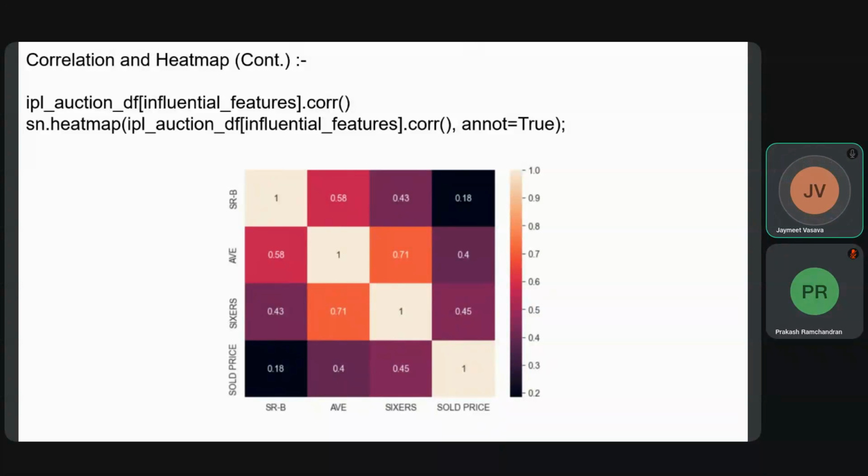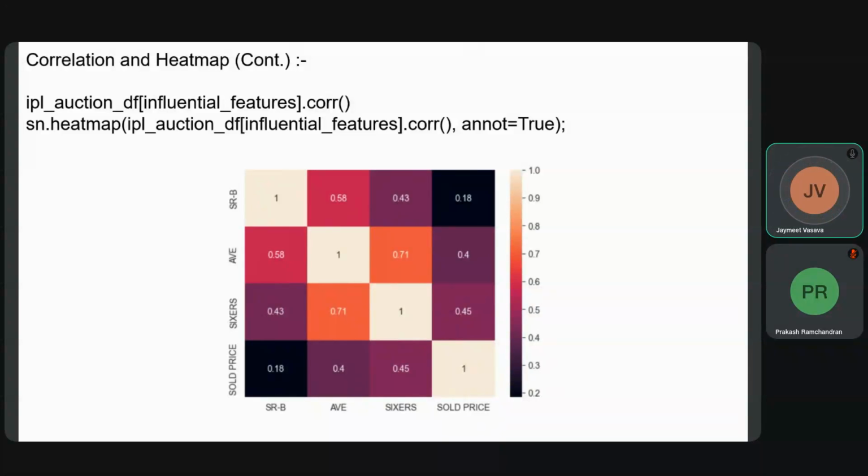So we are using the correlation on the influential features and then annot equals True. This is the heat map that we get for the correlations of the features within themselves.